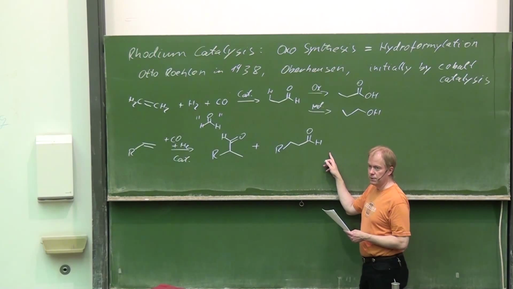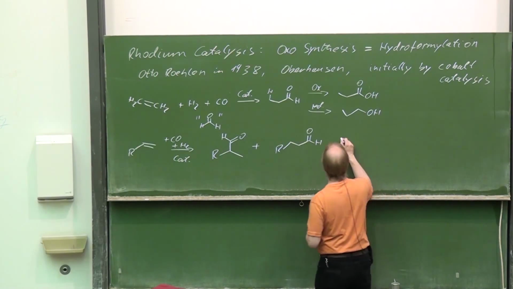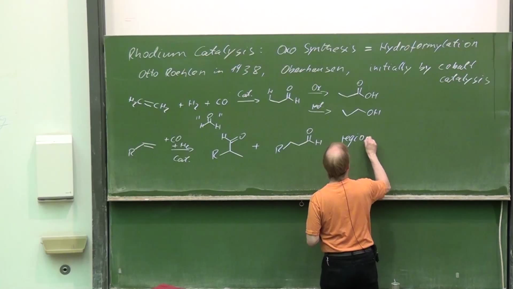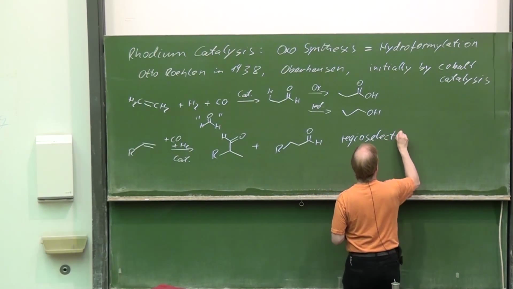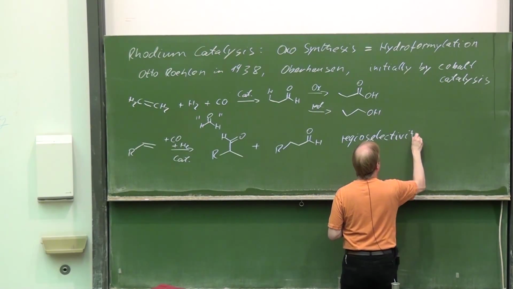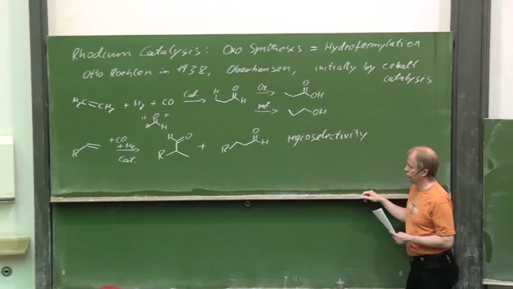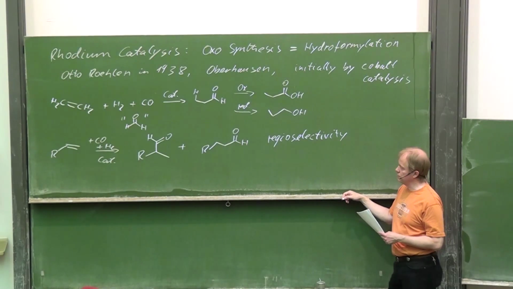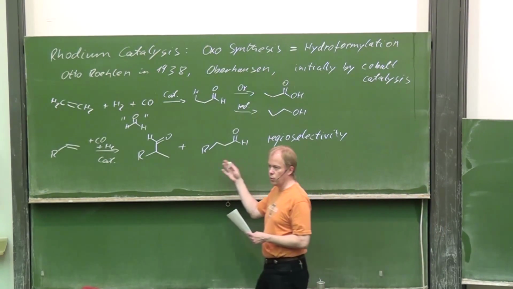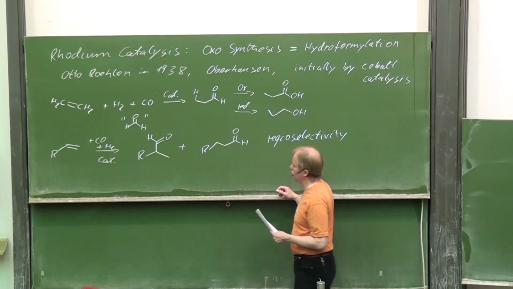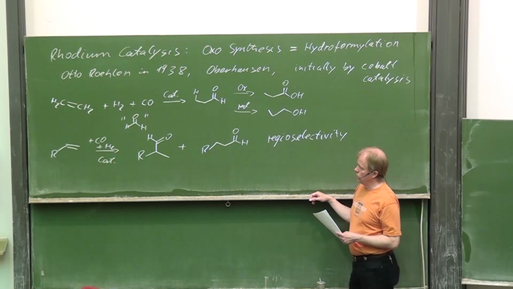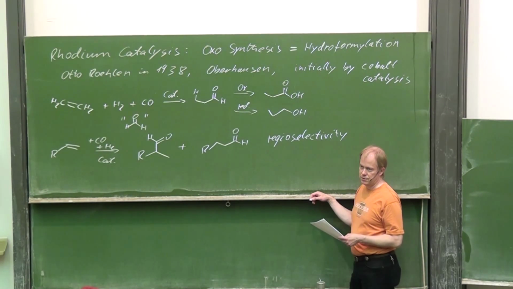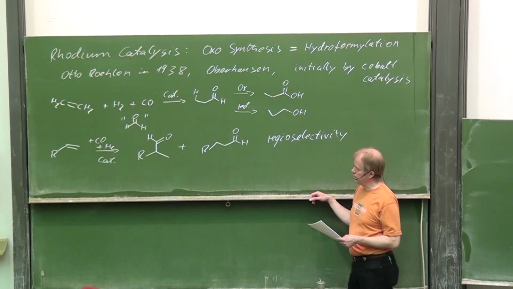So we have a problem of regioselectivity, and of course chemists try to achieve high regioselectivity for one or for the other regioisomer, by optimizing reaction conditions and especially the ligands which are applied.